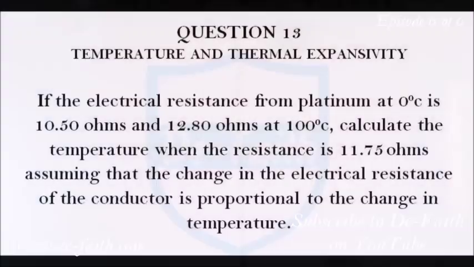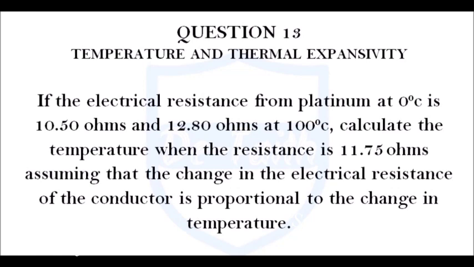The question says, if the electrical resistance of a platinum at 0 degrees Celsius is 10.50 ohms and 12.80 ohms at 100 degrees Celsius, calculate the temperature when the resistance is 11.75 ohms, assuming that the change in the electrical resistance of the conductor is proportional to the change in the temperature.